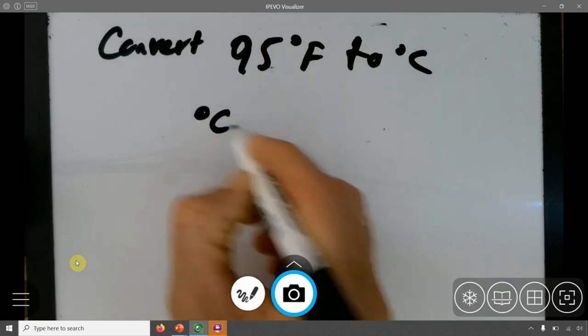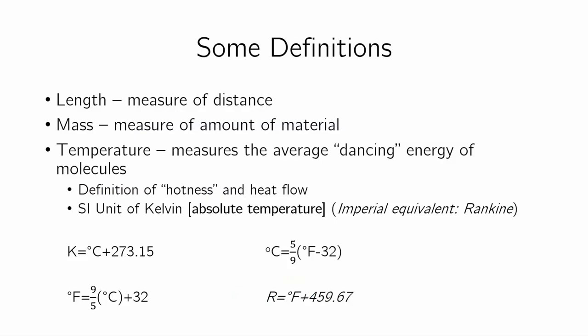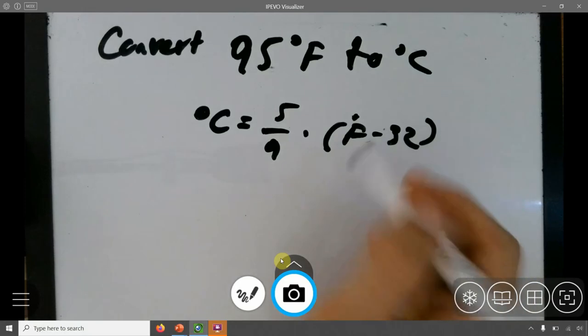I want Celsius. Looking at the equations, it's the second one at the top right here: 5/9 times F minus 32. I chose this on purpose.